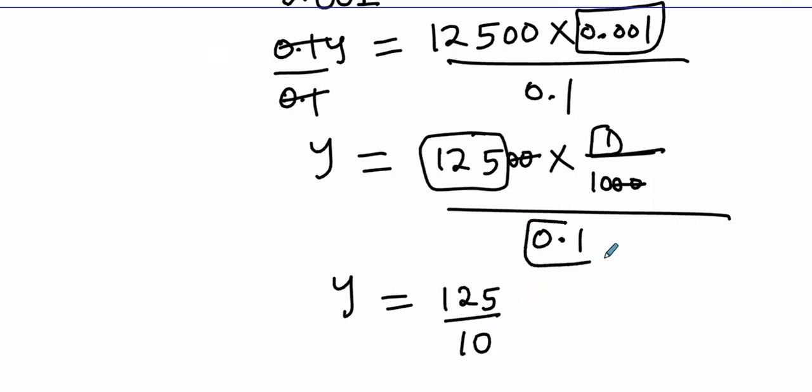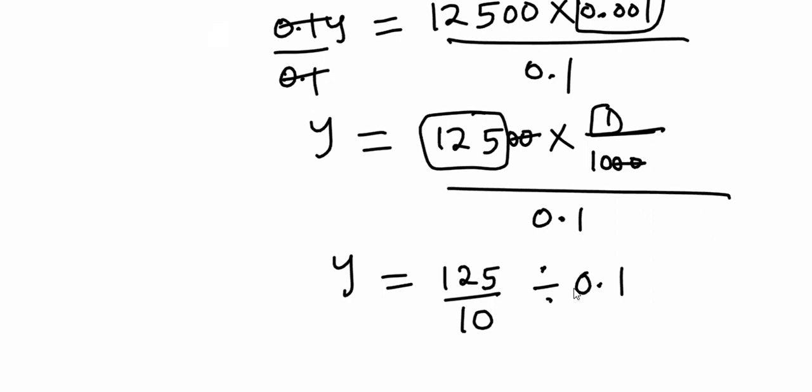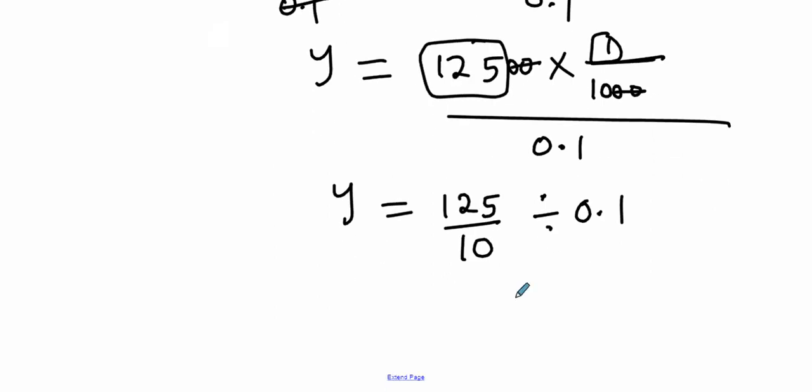Now here we have divide again by 0.1. So 125 over 10 divided by 0.1.